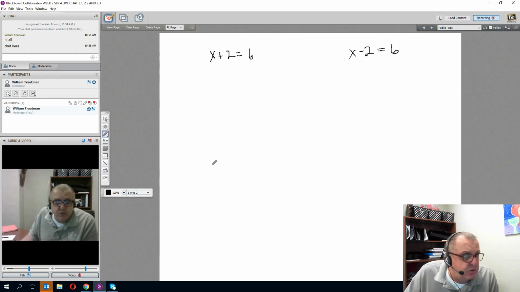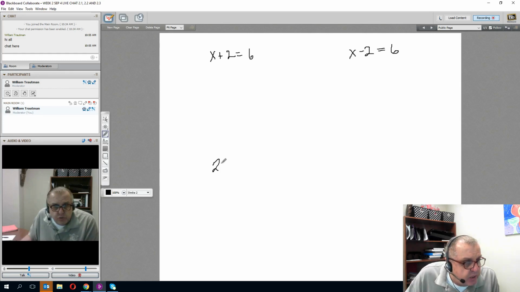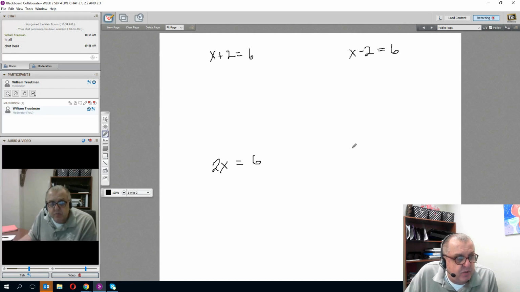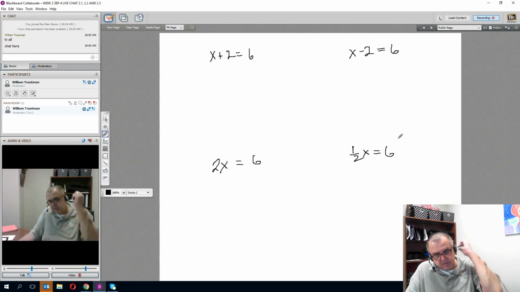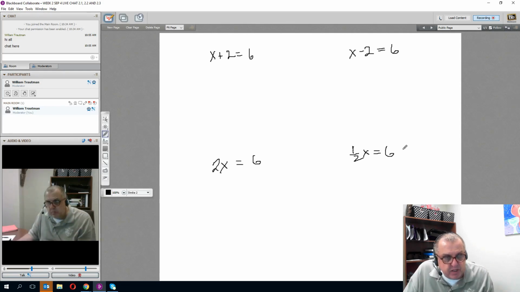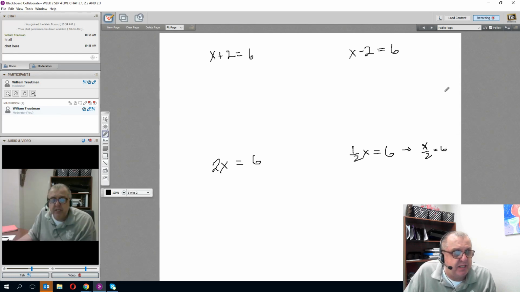And by the way, let's do two more. 2x equals 6. And 1/2 x equals 6, which can also be written x over 2 equals 6. These both mean the same thing.